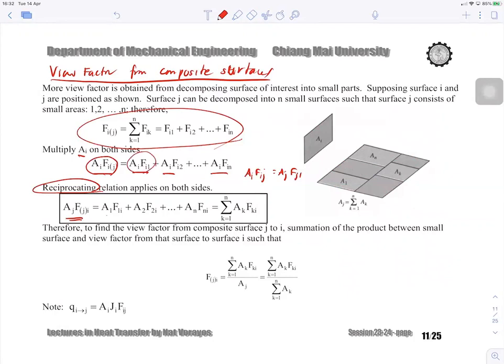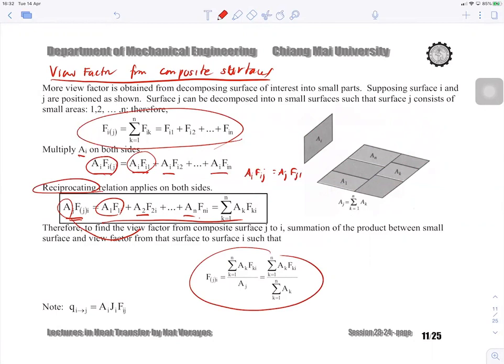Ai Fi1 is going to be A1 F1i. Do the same thing for the rest of the terms. Okay. So we can even move Aj to the other side, and we write this equation in terms of the summation.